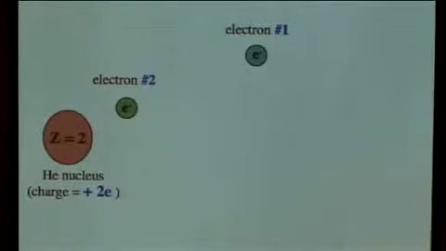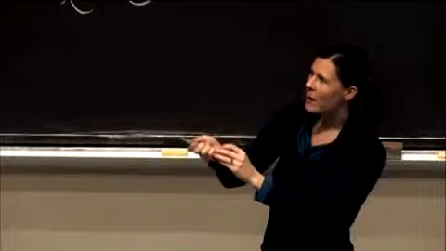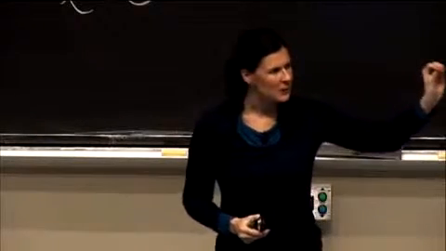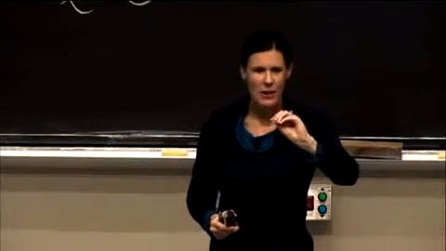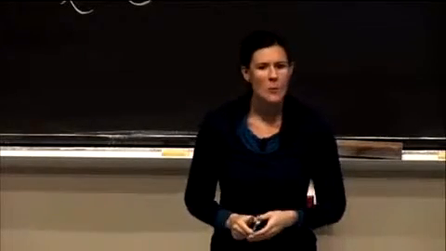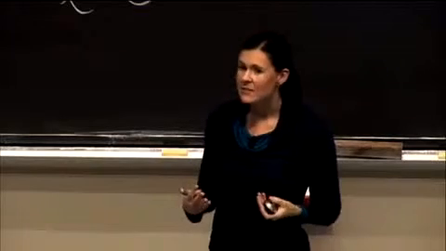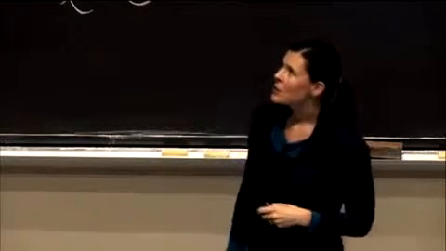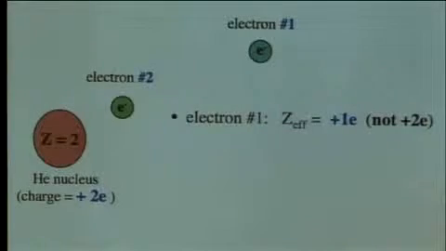So if we have total and complete shielding, where this can actually negate a full positive charge, because remember, our nucleus is +2, one of the electrons is -1. So if it totally blocks it, all we would have left from the nucleus is an effective charge of +1. So our first extreme case would be that the Z effective that is felt by electron number 1 is going to be +1.